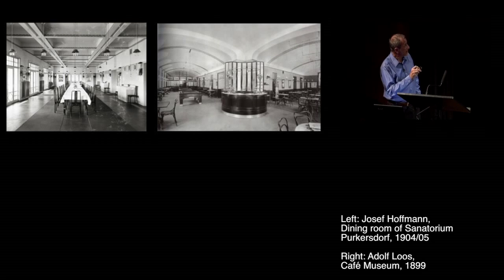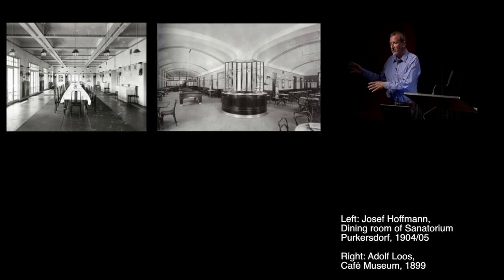Or for example here, this is maybe the first total work of art that Joseph Hoffmann creates with the help of the Wiener Werkstätte. The Wiener Werkstätte is founded in 1903, so that Hoffmann and Moser have the possibility to execute the total works of art independent from manufacturers or independent craftsmen.